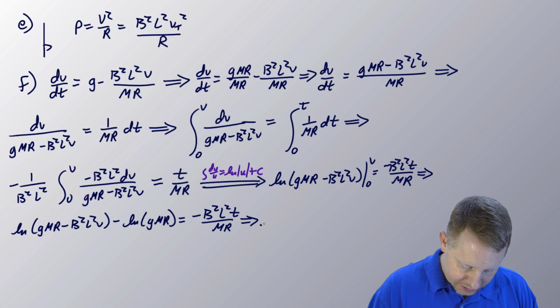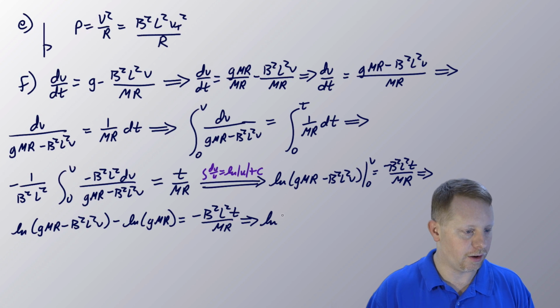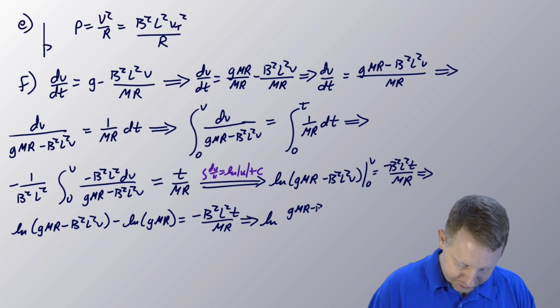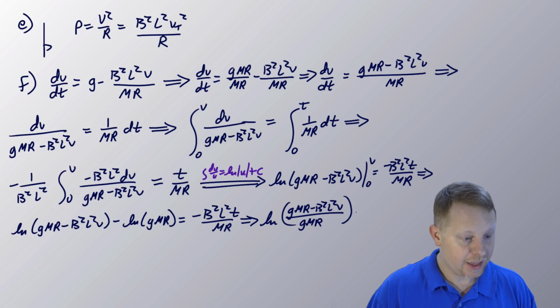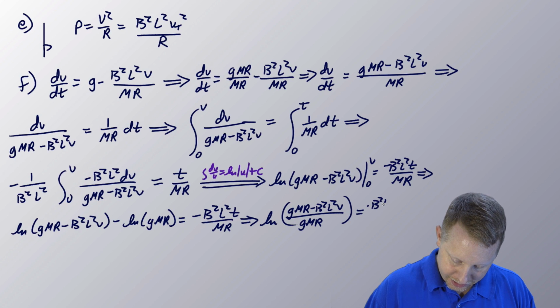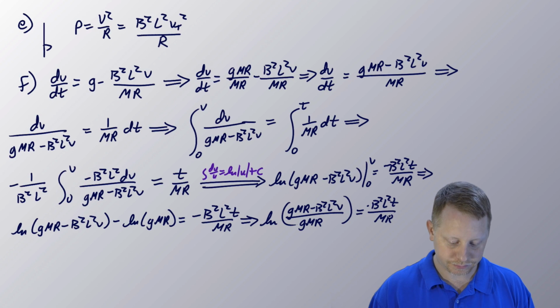So the left-hand side becomes natural log of G capital M capital R minus B squared L squared V, all divided by G capital M capital R. And that is still equal to minus B squared L squared T over MR.